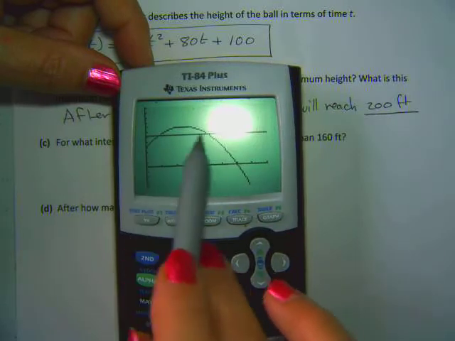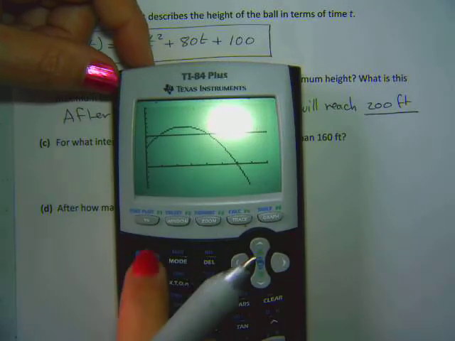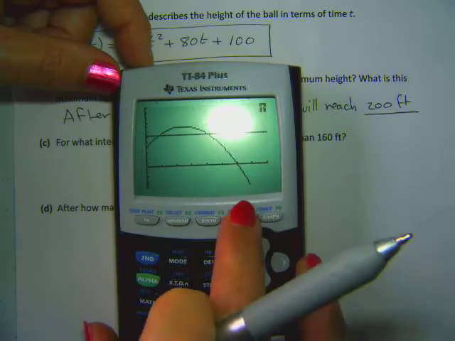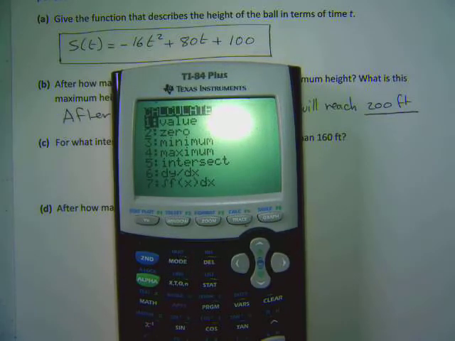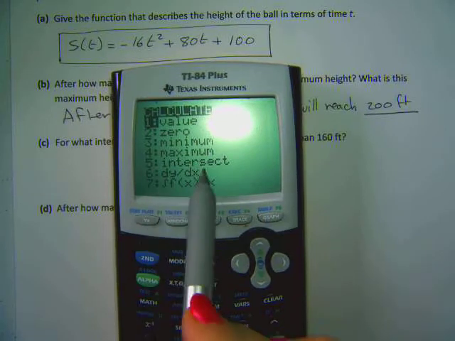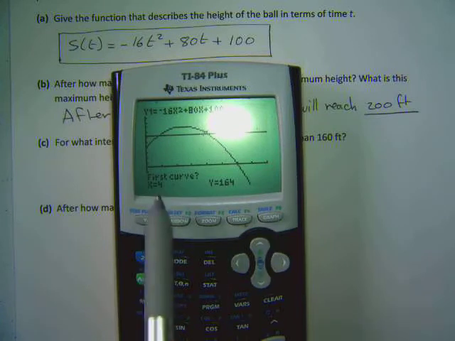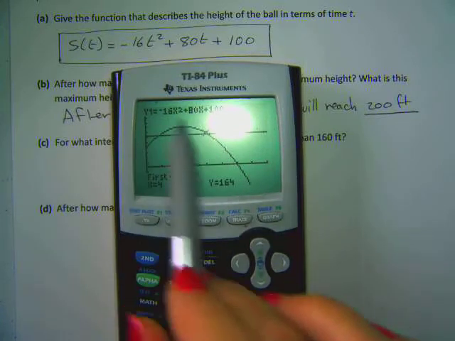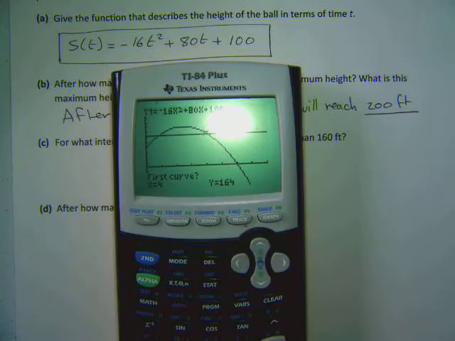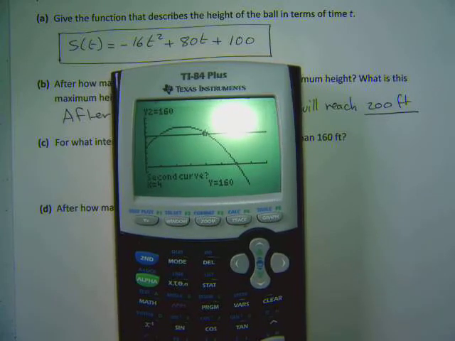So how do we find these 2 points? Go to, again, second trace. Everything we do is there. Then you find number 5, which is intersect. It's going to ask you, is this the first curve? And it shows you a curve. Of course, say yes. Is this the second?